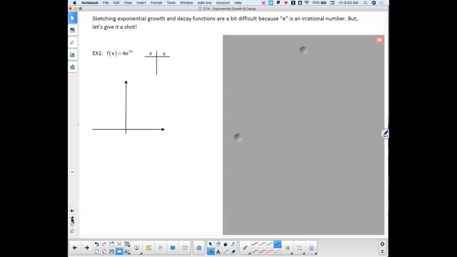Let's sketch this one. First off, just from inspection, left one on the bottom of your page. What can you tell me about this one? It's a growth. Why is it a growth? Because the k value is greater than 0. Love every part of that. This is a growth because k is greater than 0.